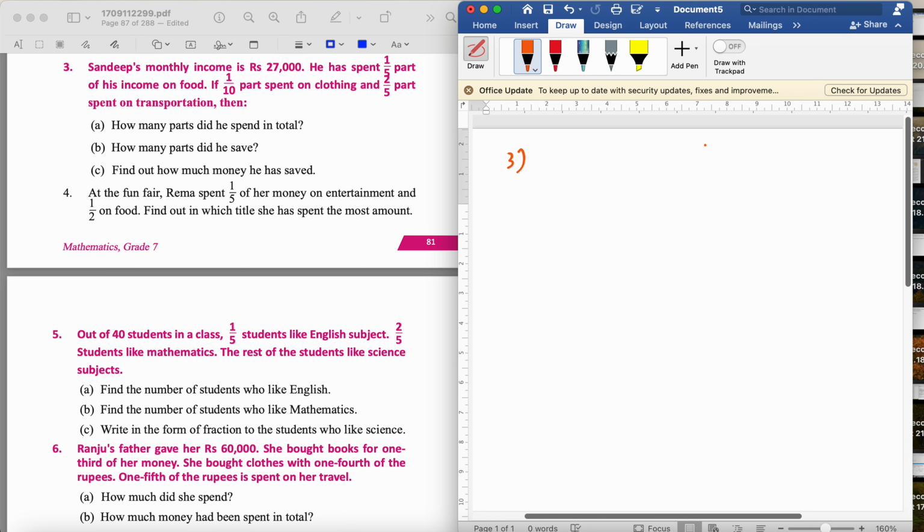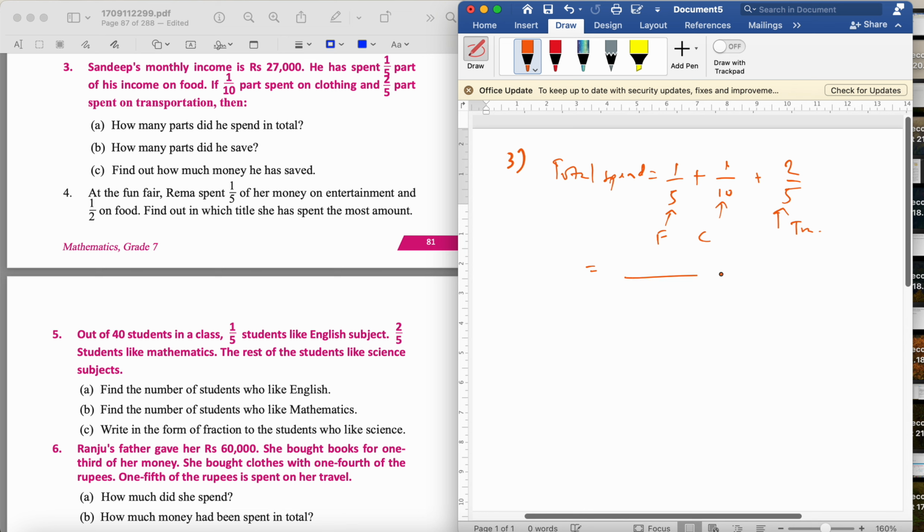Total spent is equal to, now, total spent is: he spent 1/5 part on food, 1/10 part on clothes, and 2/5 part on transportation.